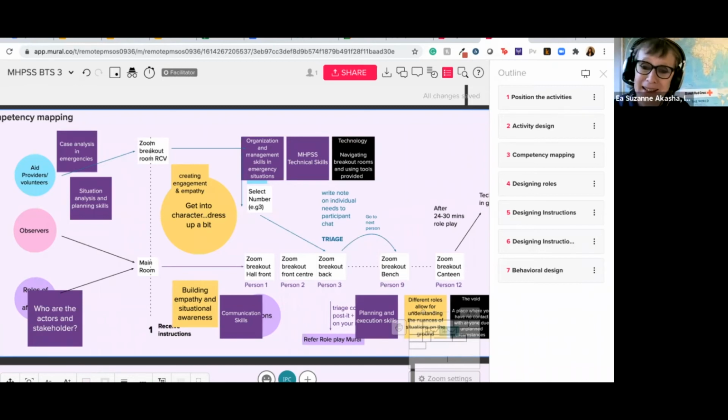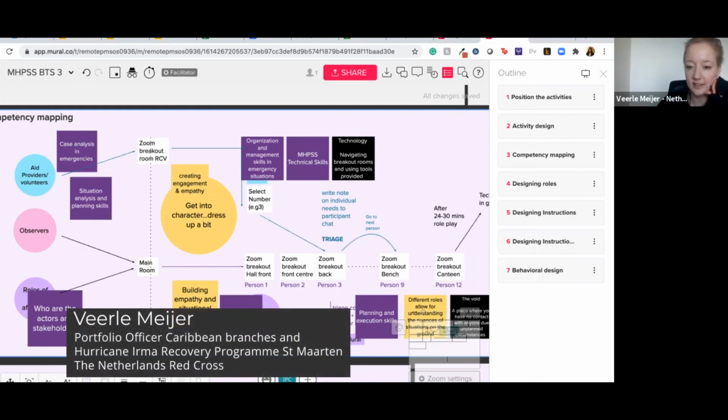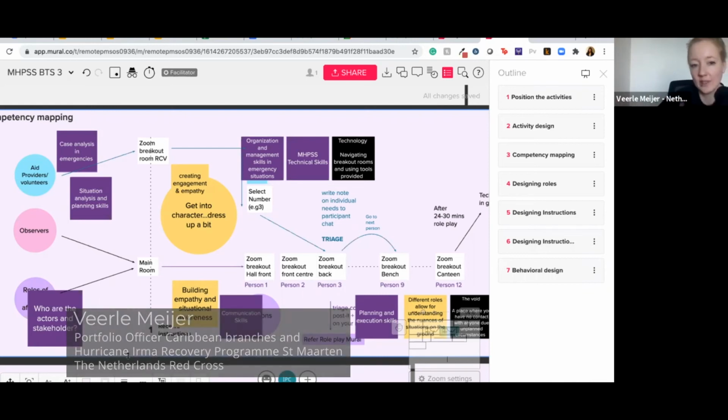Verle and Viviana, any comments from having tried these complicated exercises? I think it was very clear because of the guidance given by Shauna and everything else. So I think this is very important. And what we notice sometimes is that the introduction went a bit fast.